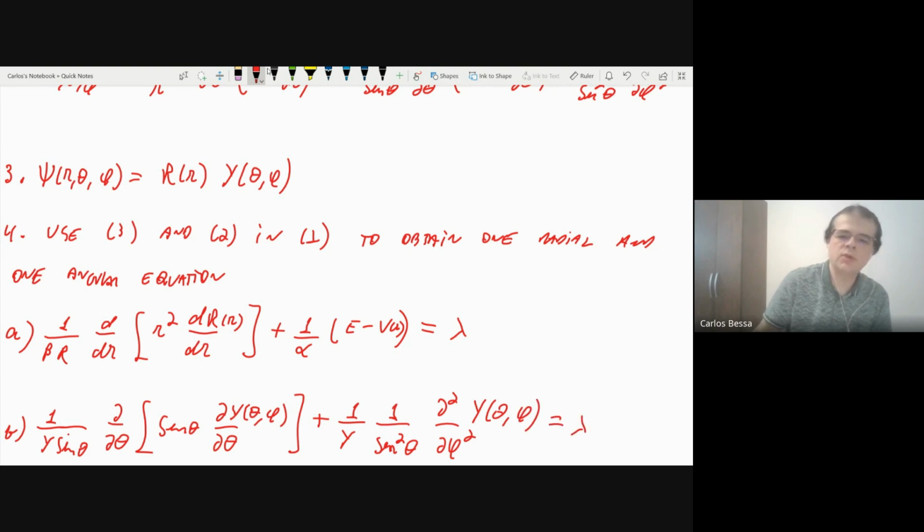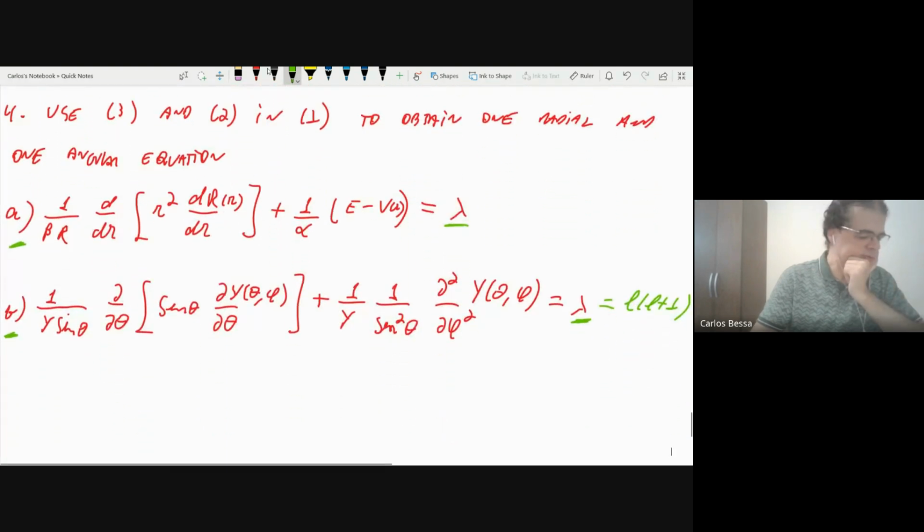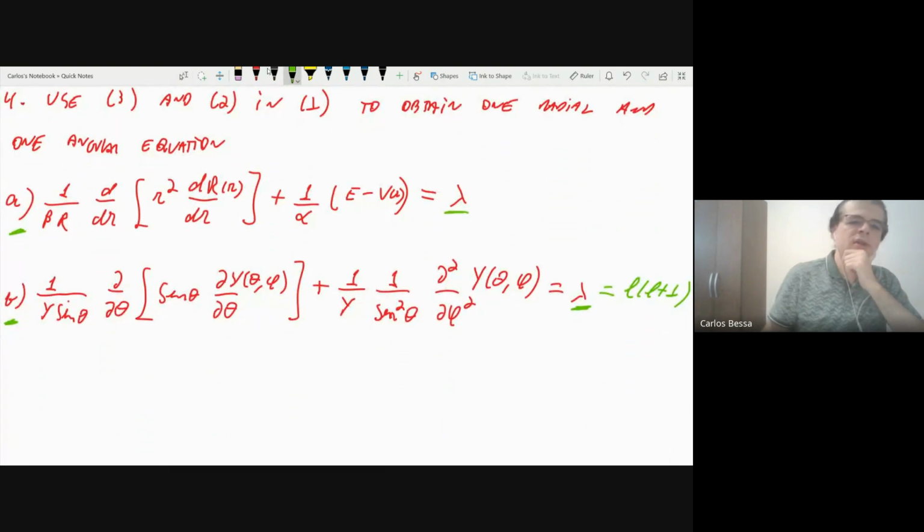This is the lambda because I have separation, right? We would like to have this equation A and this equation equal, but to make the separation, I call a constant lambda. In general, it is more common and more useful to define this lambda as L times L plus 1. This is just for convenience.